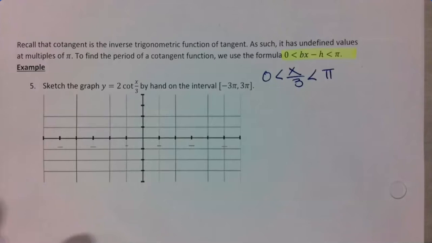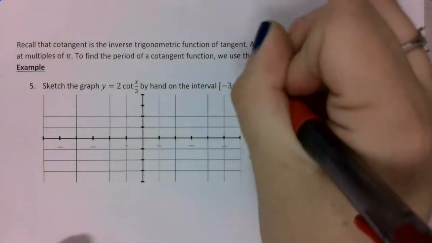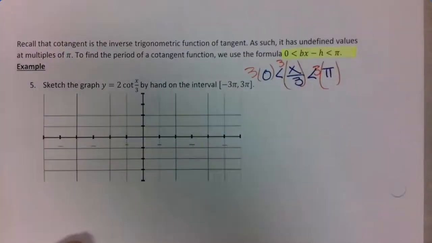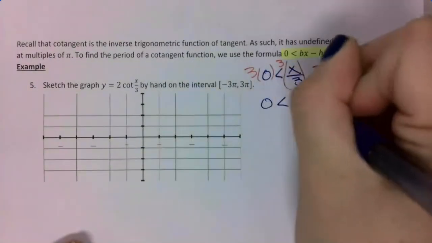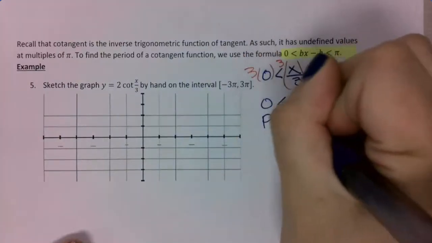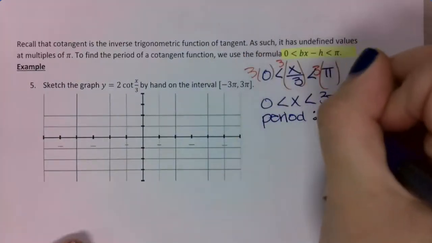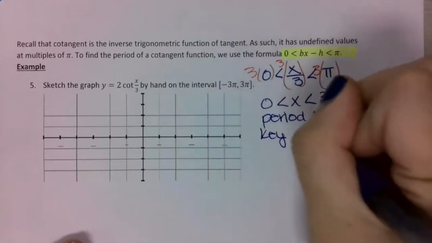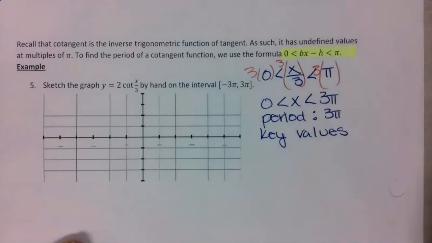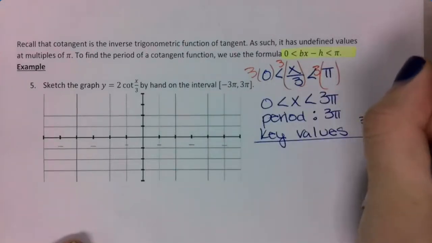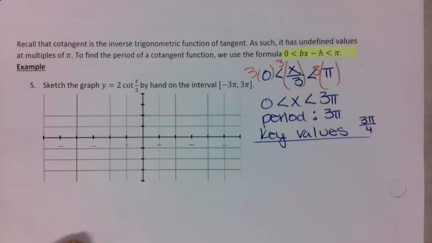So then how do I get x alone? Multiply everything by 3. So it's going to give me 0 is less than x is less than 3 pi. What is my period here? 3 pi. Okay, so for my key values, I want to do 3 pi divided by 4. So I'm counting by 3 pi fourths.